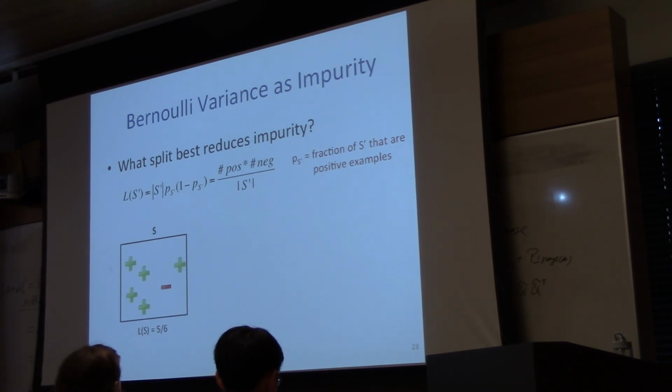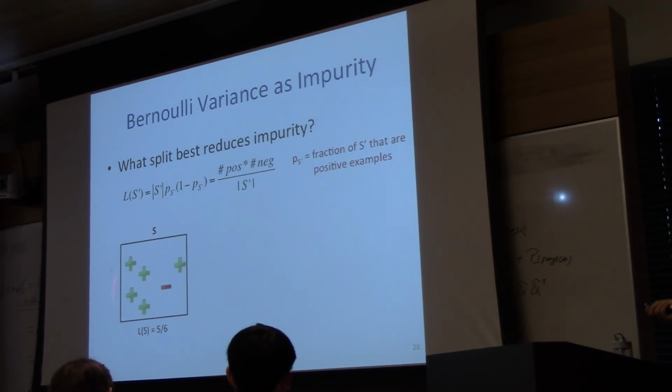Okay, so now suppose we're using Bernoulli variance as a measure of impurity. Now we can look at this example again. This is the same example where splitting on 0-1 loss as impurity doesn't do anything productive. So now the impurity of this is computed according to this formula.